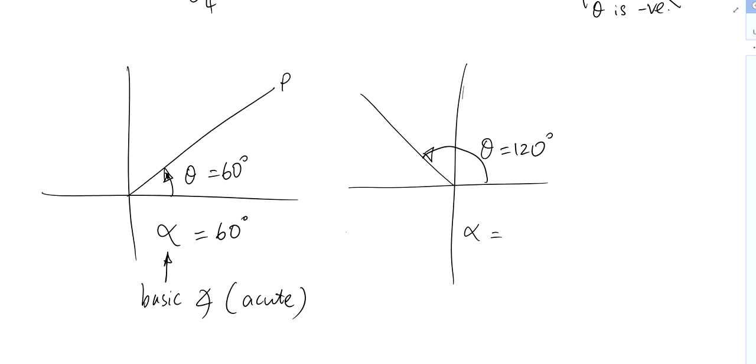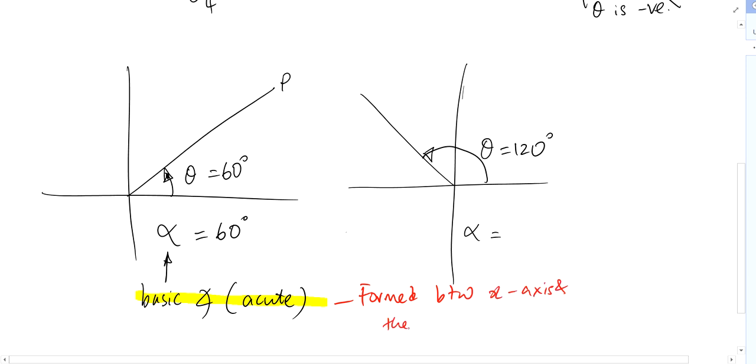The basic angle is the angle formed between the x-axis and the line. So for our first quadrant, from our x-axis and the line, this is my alpha in red. For the second quadrant, I've got my x-axis and I've got a line.